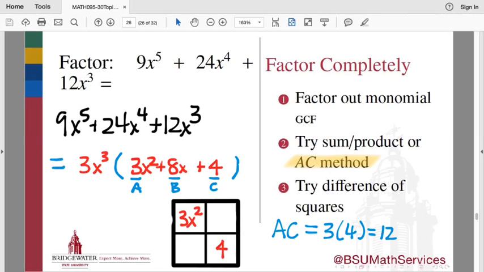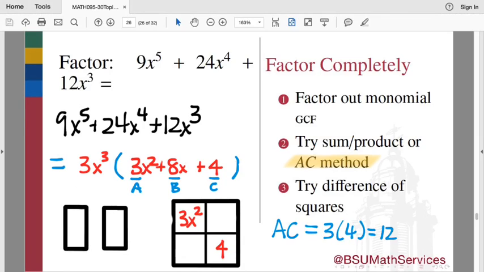And then what we do with that number is we play a little game that I like to call the sum and product game, wherein what we want to do is find a pair of numbers that multiply together to give me that 12. So I need the product of these two numbers to be 12.